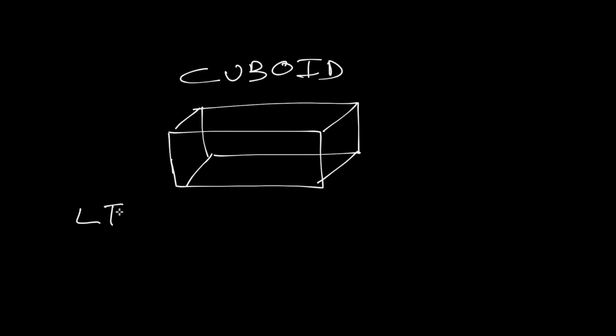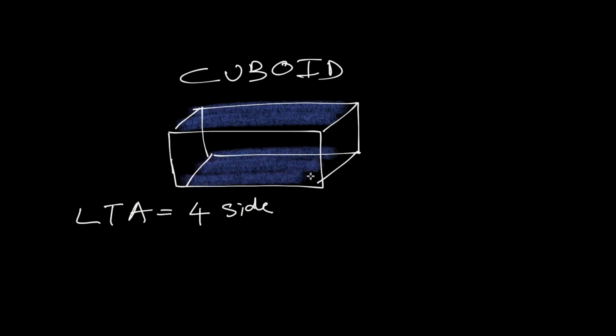Because we are going to find the area of four sides. What are those four sides? Excluding the top and the bottom. These two sides we don't consider, and the four sides are the first side, the back side as the second side, this is the third side, and this is the fourth side.